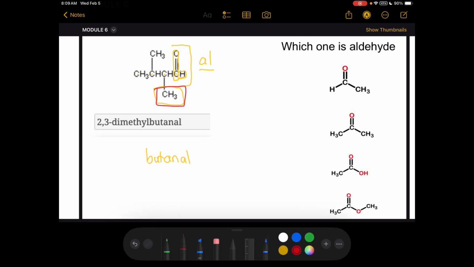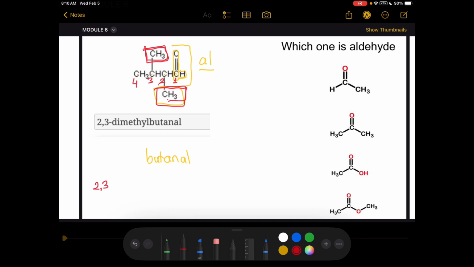One substituent, another substituent. It's always my priority that my functional group should be on the lowest carbon, so it should be 1, 2, 3, 4. Where are my substituents? One is on carbon number 2, and another is on carbon number 3.